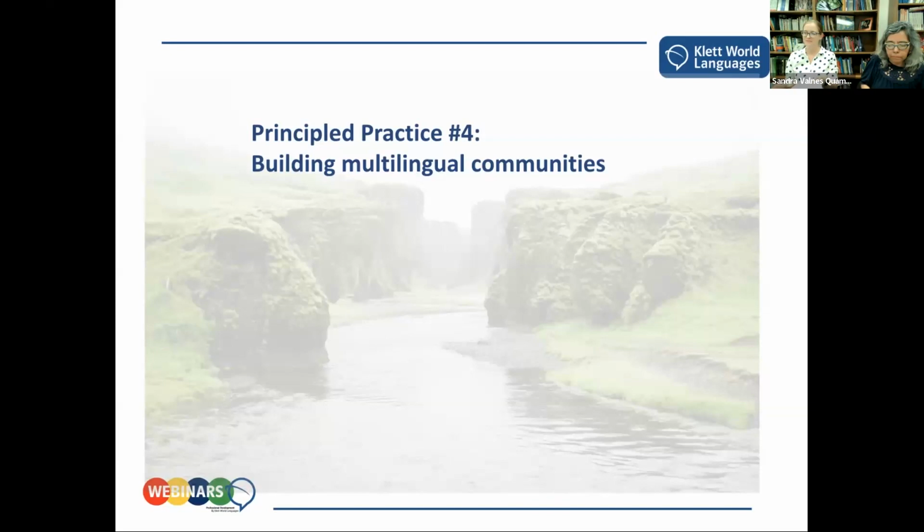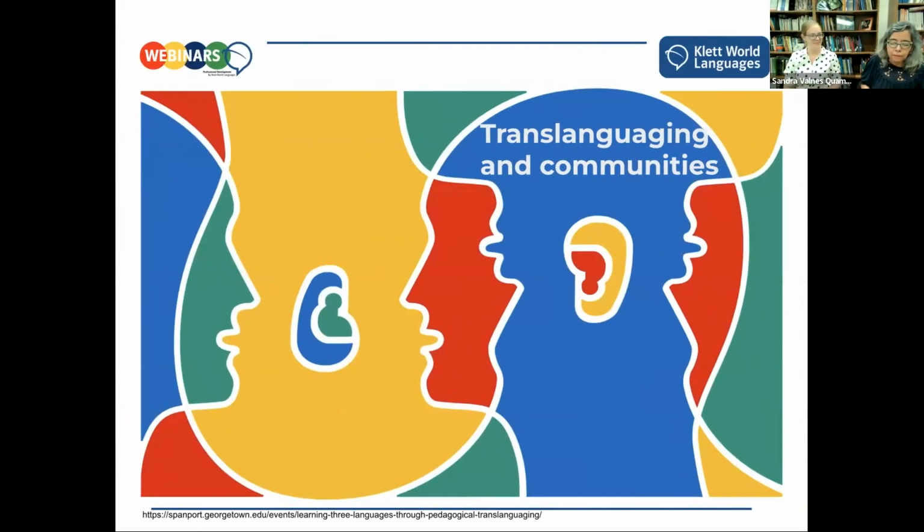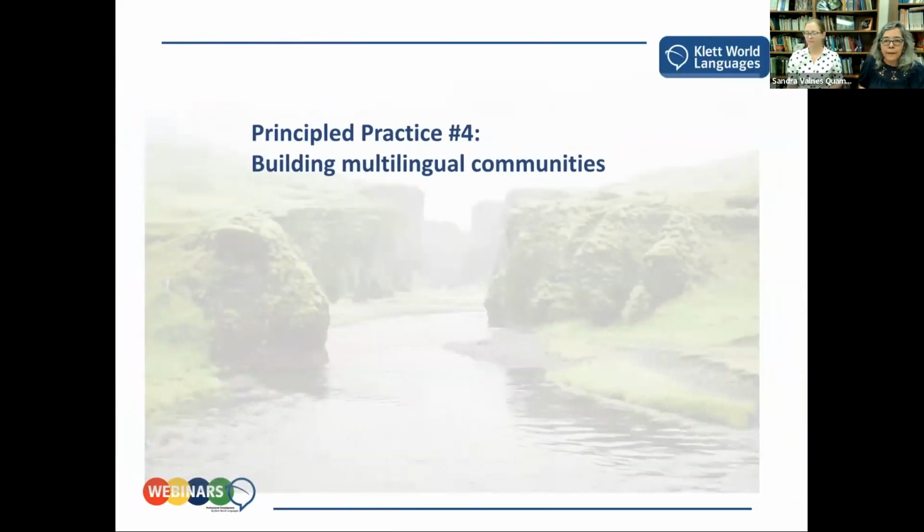Okay, so the fourth principle is building multilingual communities. So we have learned that the intentionality of our project had a goal.